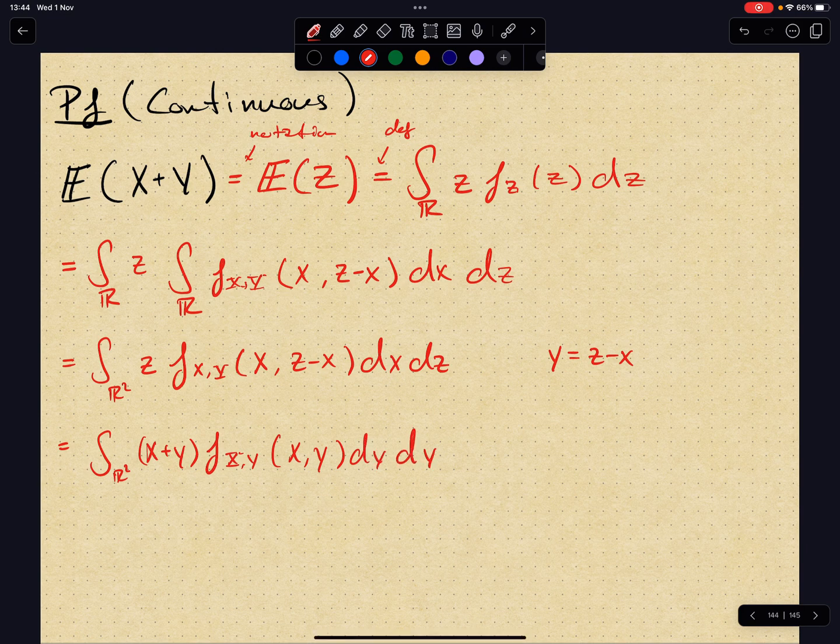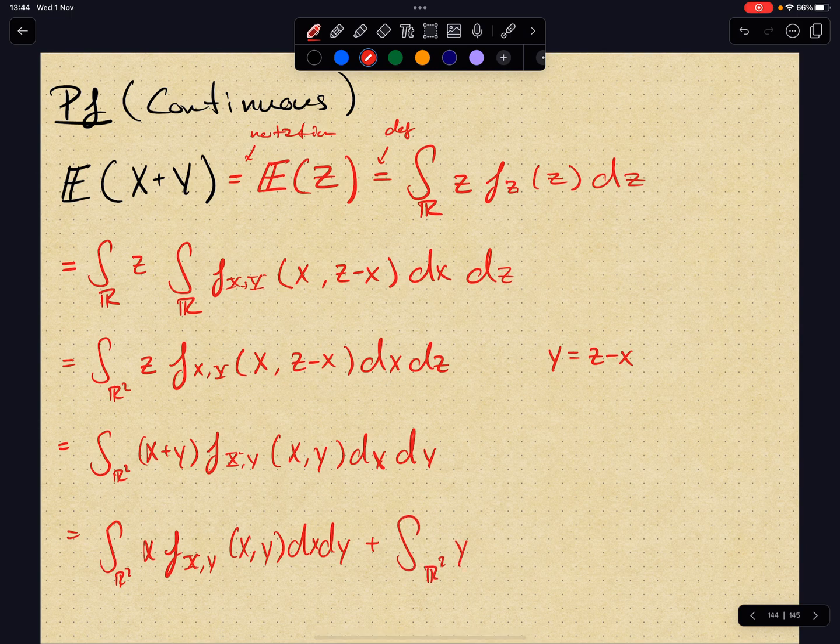Then we decompose the integral: the integral over R2 of x times f_XY of x, y, dx dy, plus the integral over R2 of y times f_XY of x, y, dx dy.